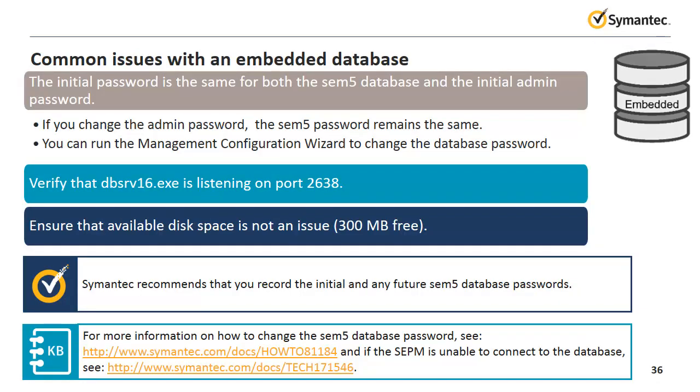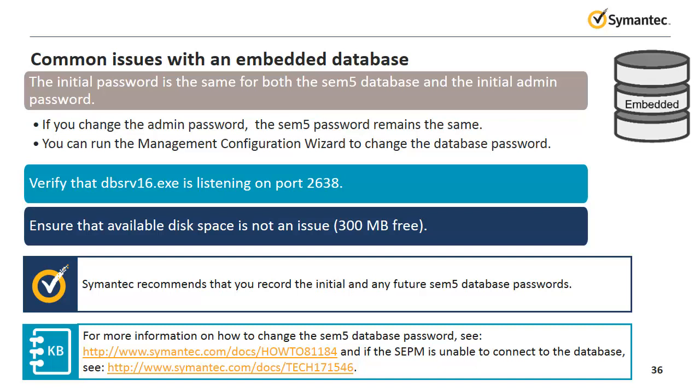You can also see some common issues with an embedded database. During a default installation, you set the password for both the SEP administrator and the SEM5 DBA. However, if the admin changes the password, the database password stays the same, so it's important to record the password. You can replace the database password by running the Management Server Configuration Wizard.